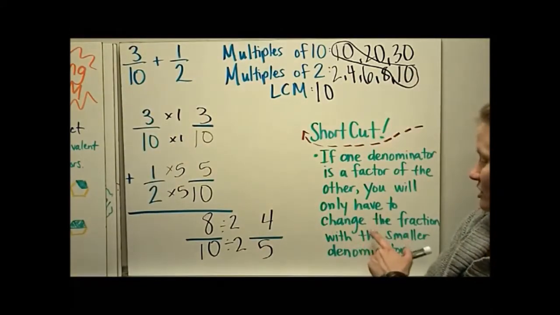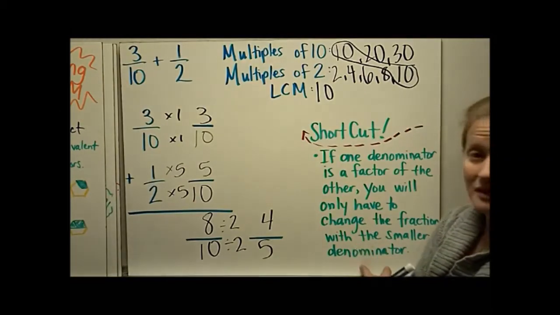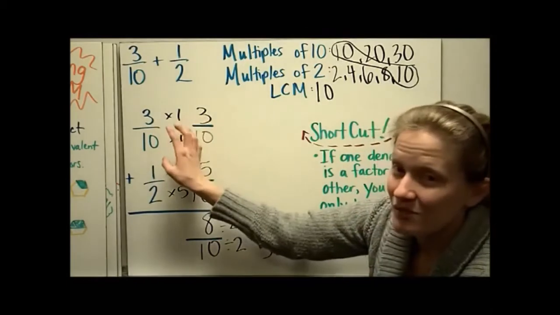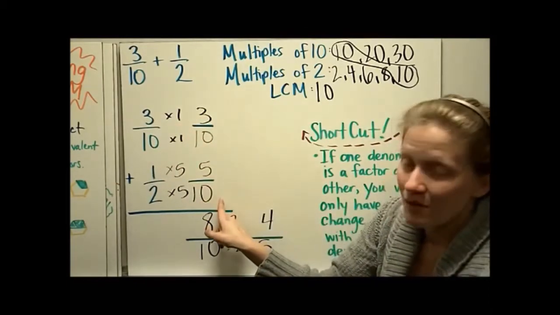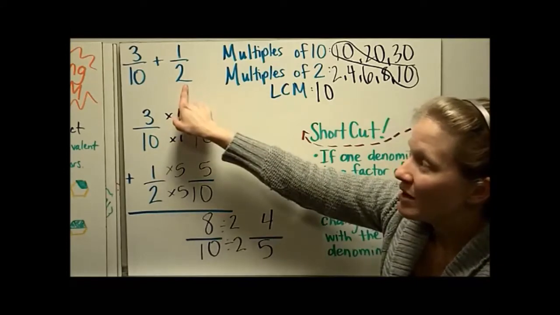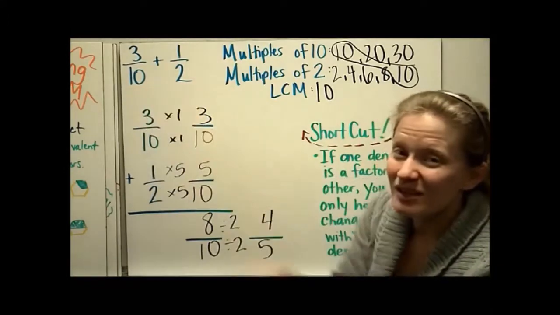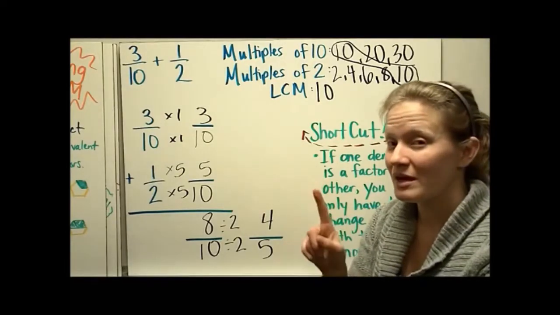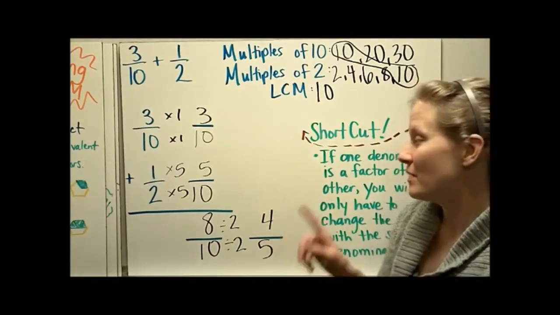Then you'll only have to change the fraction with the smaller denominator. And we saw that happen here. I didn't have to change this one. I only had to change the one with the smaller denominator. So if you see a problem where one of the denominators is a factor of the other, realize that if you do find the least common multiple, you're only going to have to change one of the fractions.